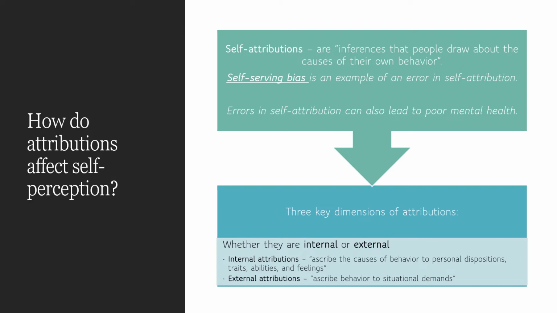And then in contrast, for people who perhaps didn't do so well, they're less likely to attribute the poor grade to something about themselves, and they are more likely to attribute the grade to the difficulty of the assignment or maybe the harshness of the professor.